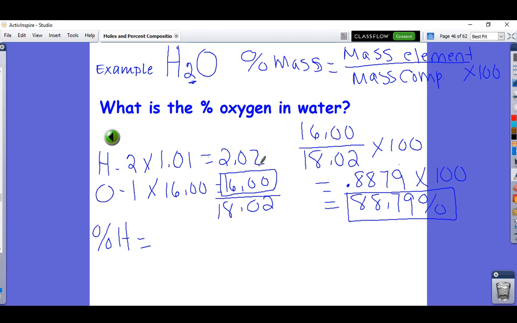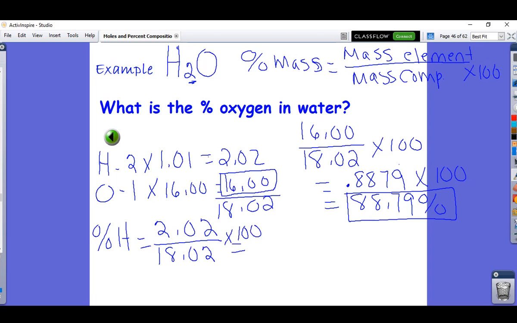We have to put that on top because that's the mass of hydrogen in that formula. Then notice we have the same molar mass of the compound, 18.02, and we're going to multiply that by 100.